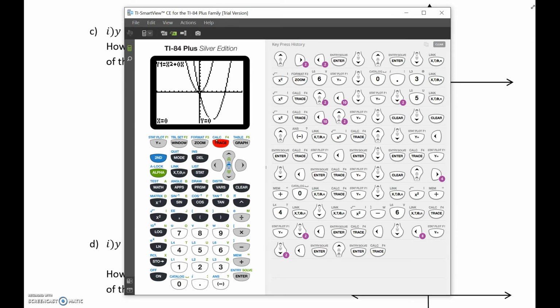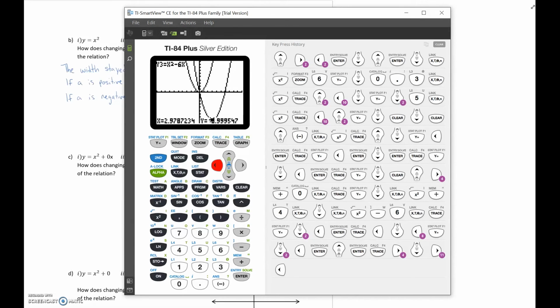Well, it looks like instead of the graph moving to the left, my graph has moved to the right. It's also moved up and down a little bit, which is different, right? We're not used to it moving up and down. So far it has been flipping upside down and changing width. But what has happened to my line of symmetry? So for this function, the vertex has moved over to positive 3.